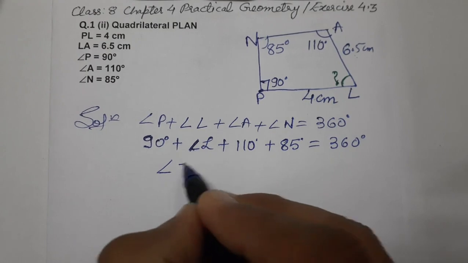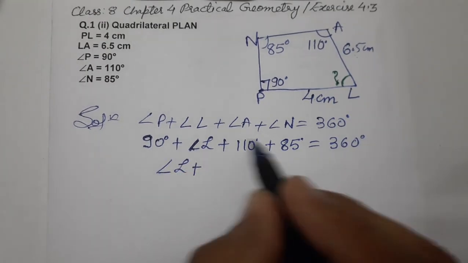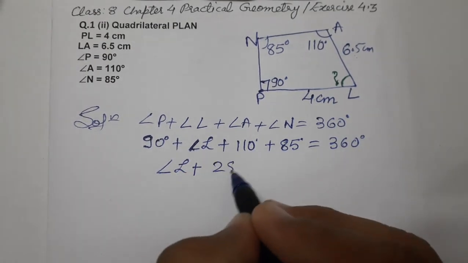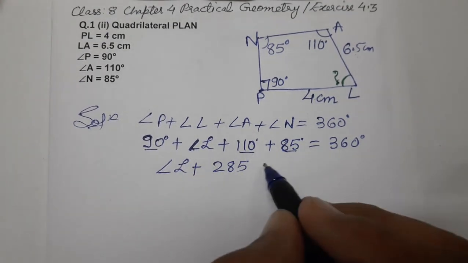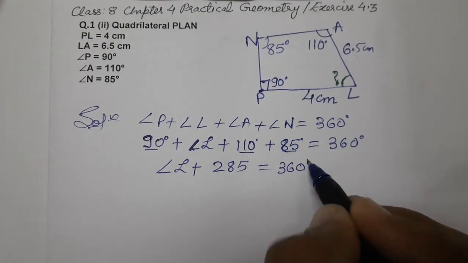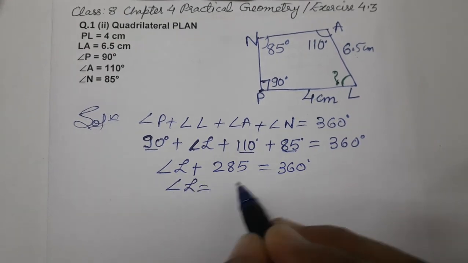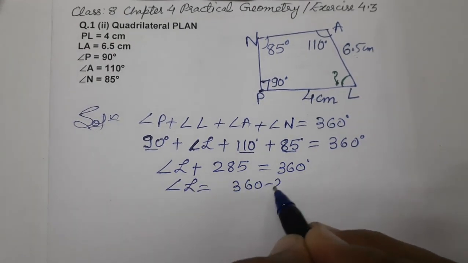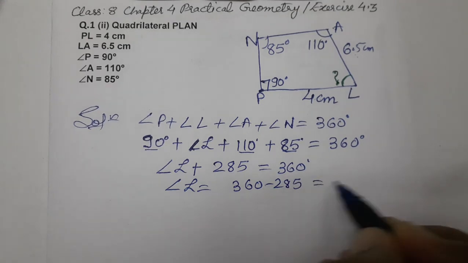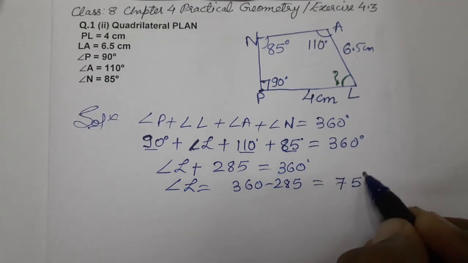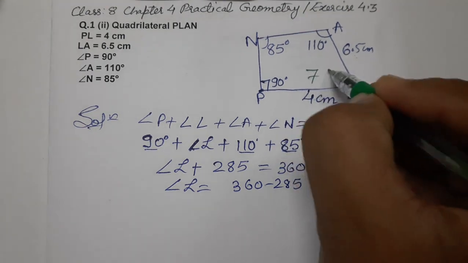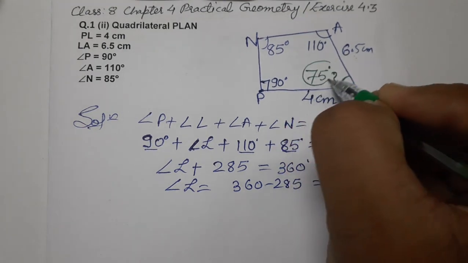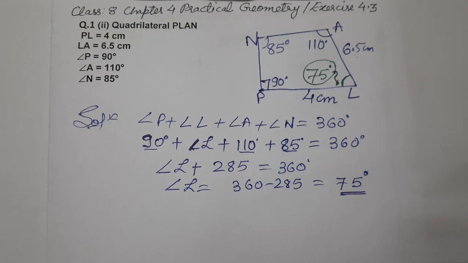Now angle L plus 285, adding all three, equals 360. That means angle L equals 360 minus 285, which is 75 degrees. So we got this angle as 75 degrees by the angle sum property of quadrilateral. Now we can easily draw.